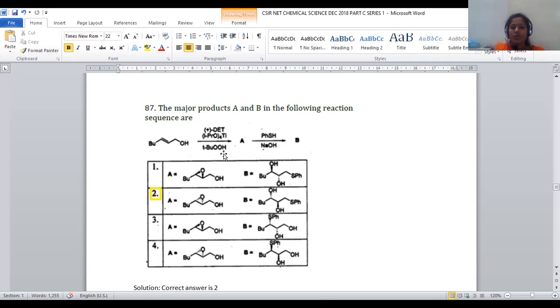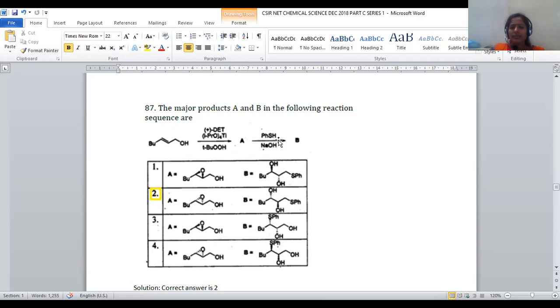This is a kind of solvent. Titanium is the catalyst. Diethyl tartarate is the chiral controller. So it is very clear that we will get the epoxide by the rear face attack. So the backside epoxide: among all the given options, option number 2 and 4 are associated with backside epoxide.